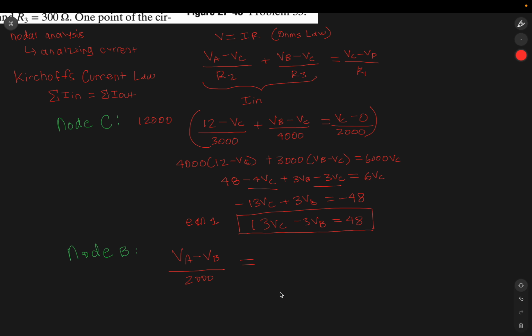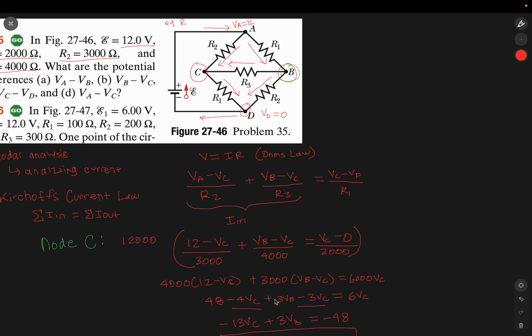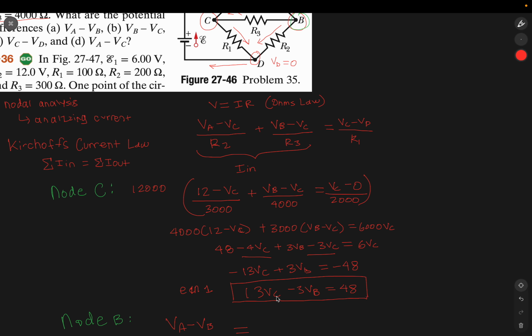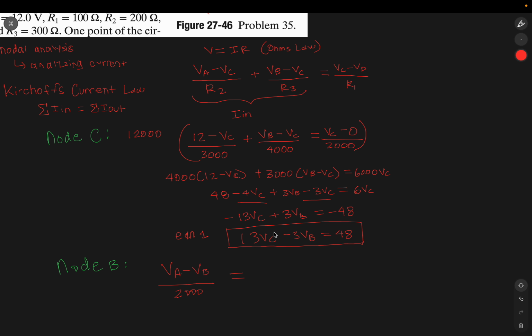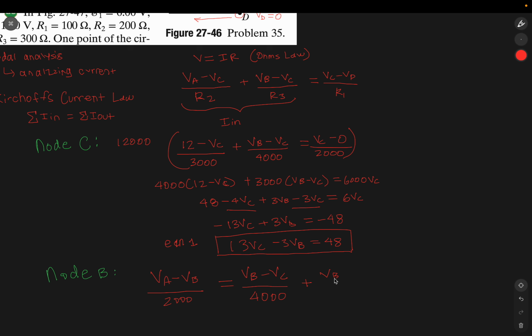So our current through resistor 3 is going to be equal to VB minus VC over 4000 ohms plus our current through resistor 2, that's going to be VB minus VD over 3000.